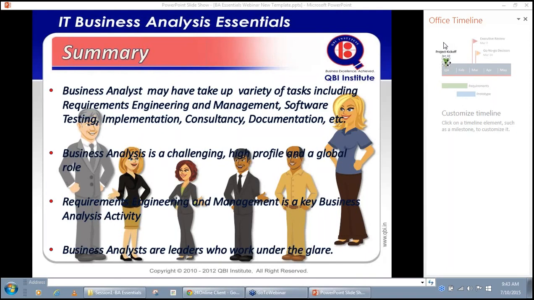This is yet another visual. You can download the visuals from the handout area.